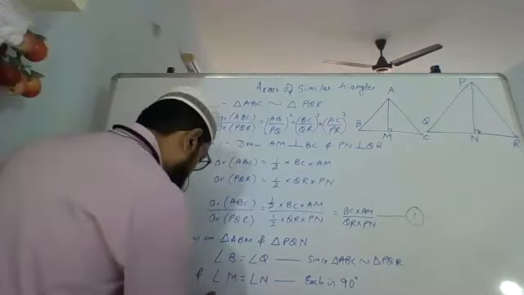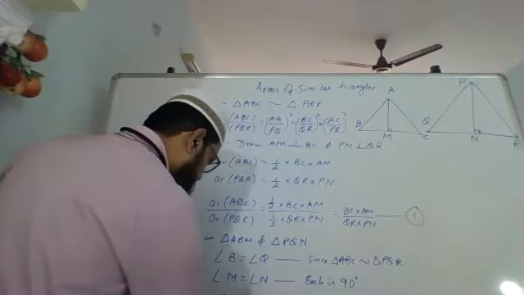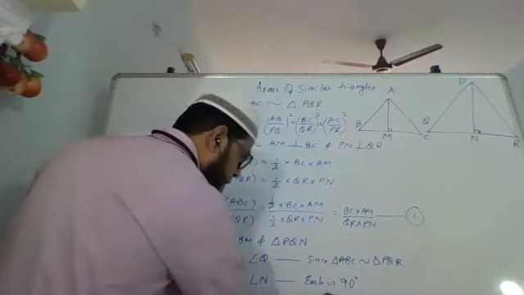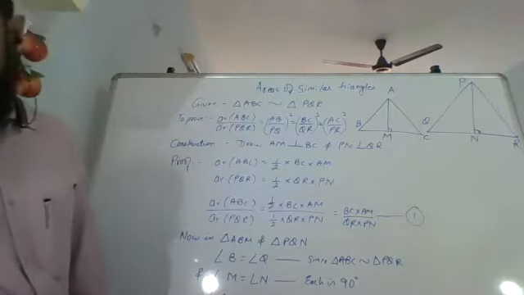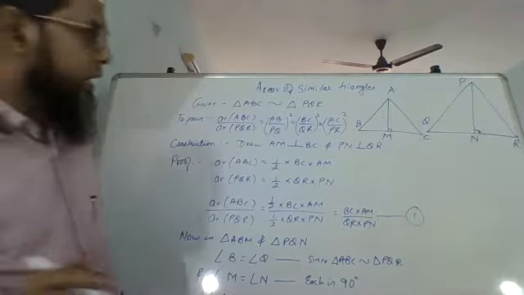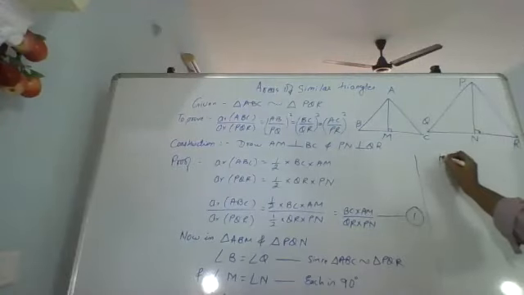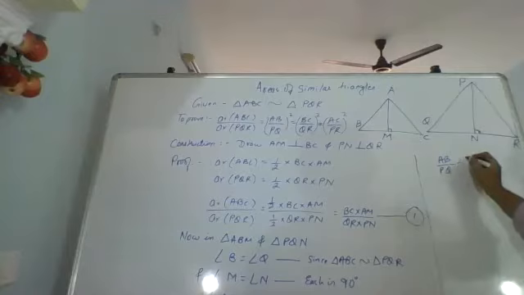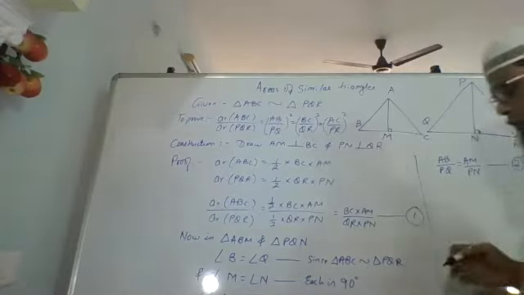Therefore, triangle ABM is similar to triangle PQN by AA similarity criteria. Now, if the two triangles are similar, therefore AB upon PQ equals AM upon PN. Call this number 2.